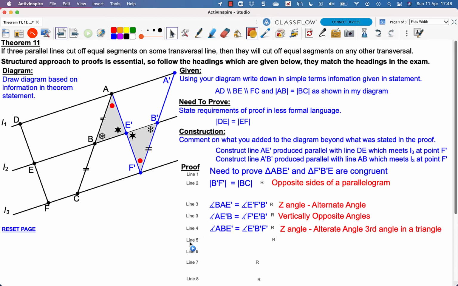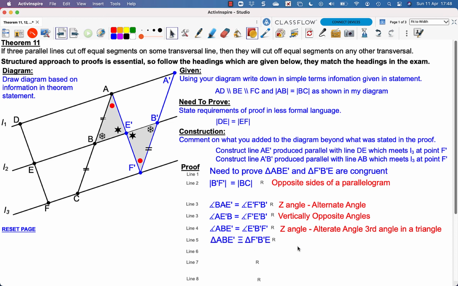Right then, going on to line 5. Sorry about spelling that incorrectly. I'm sure you can correct that yourselves. Going on to line 5, what do we now know? Well, we now know that these two triangles are congruent. How do we know they're congruent? By angle, side, angle. Simple as.